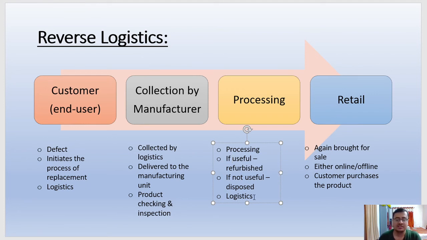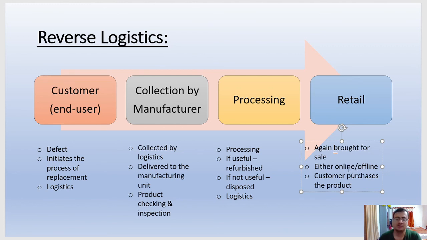So the logistics service providers are giving the refurbished products to the retailers, right? Now here again the product is brought for sale at retailers, either available online or offline, right? So here again the customer purchases the product.